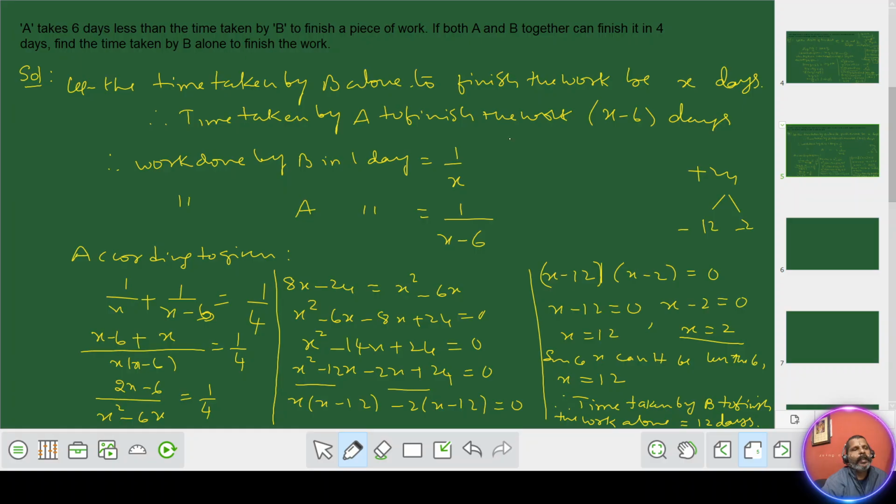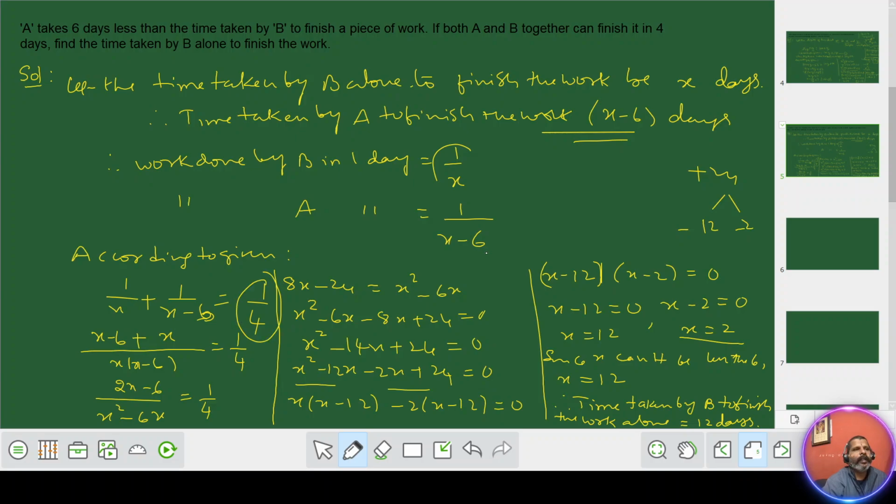The only thing to remember here is, once you assume the number of days for A and B, you have to write their work done in one day. That's very important, which is here 1 by x and 1 by x minus 6. Another point to remember is, together they finish the work in 4 days is given, but when you write the equation according to the given, it should be the reciprocal, 1 by 4.